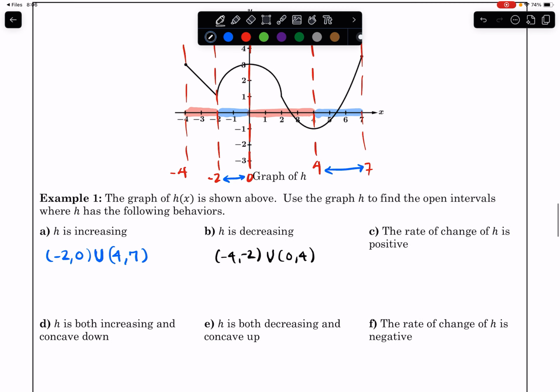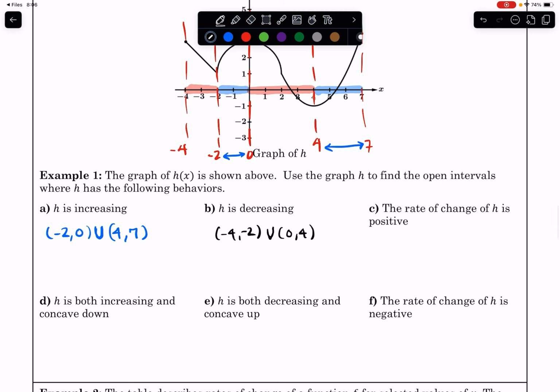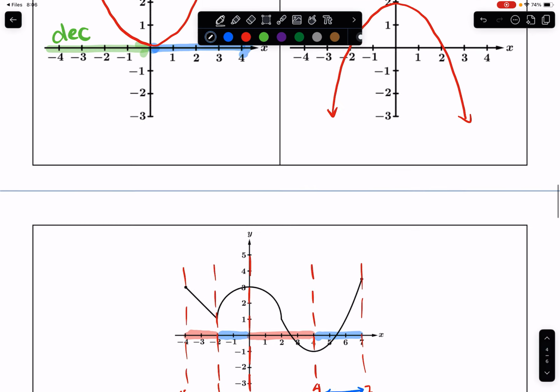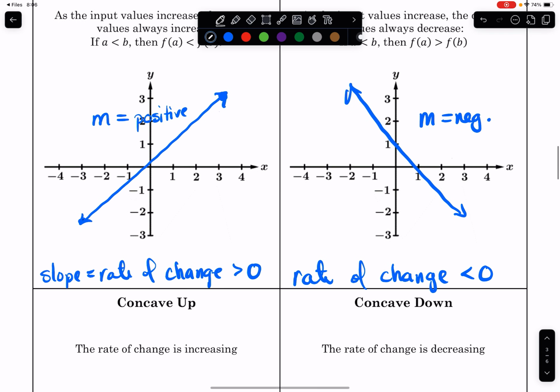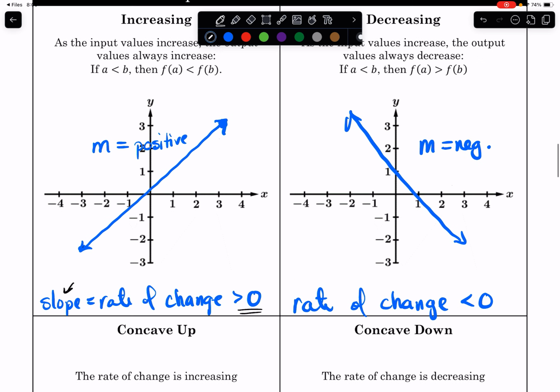Now for part C, when is the rate of change of h positive? For the rate of change to be positive, in other words, rate of change is another word for slope, for the slope to be positive, to be a number greater than 0, that simply means the graph has to increase. Think of a line that's going up, that has a positive slope.